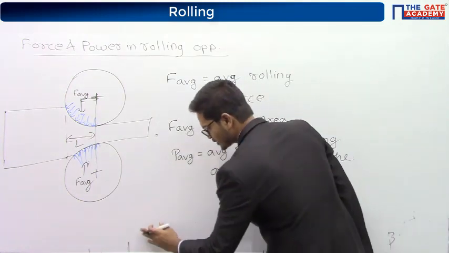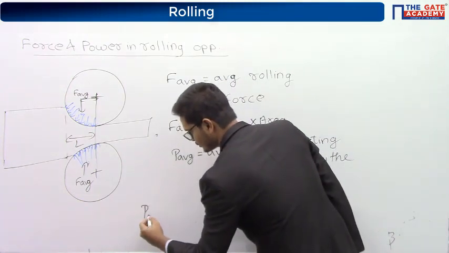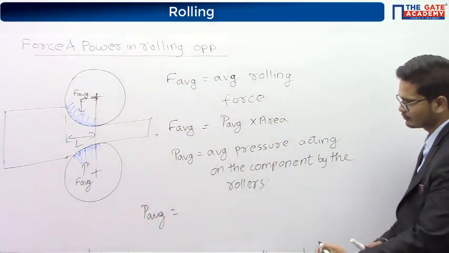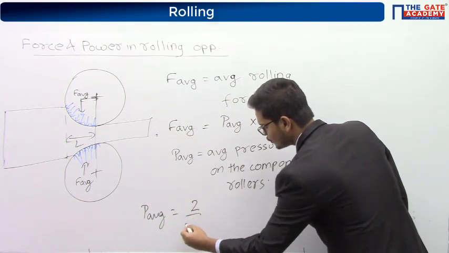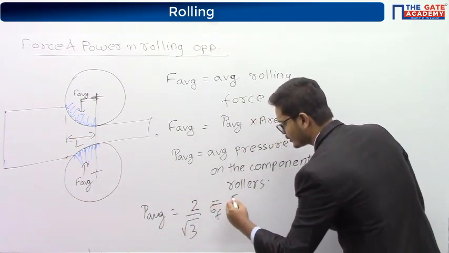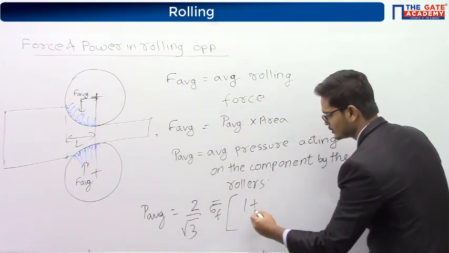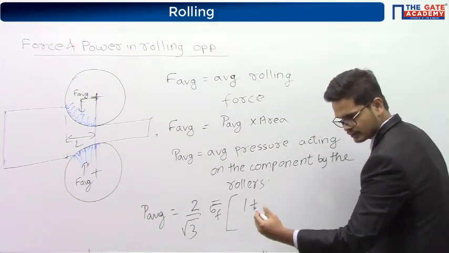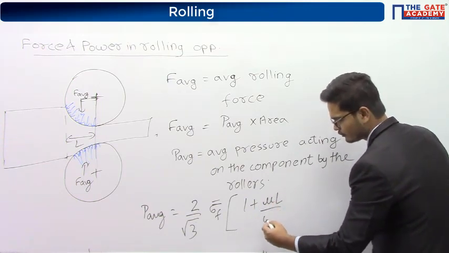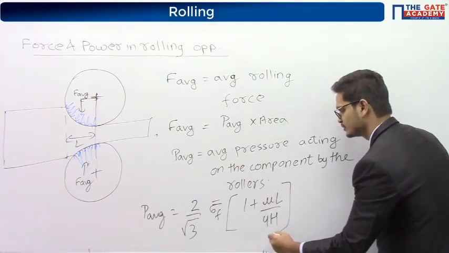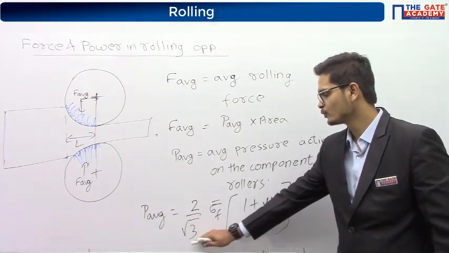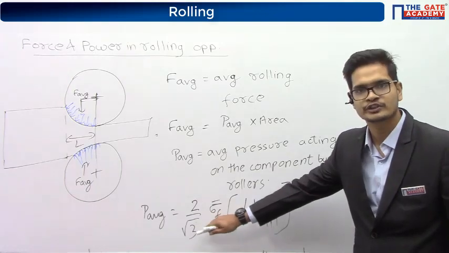P average is given as 2 by root 3 sigma F bar times (1 plus mu L upon 4H). What was sigma F bar?